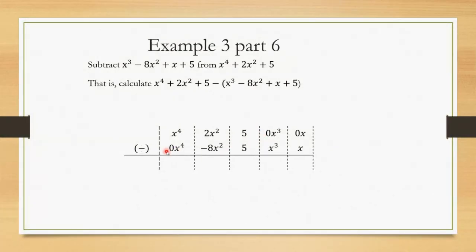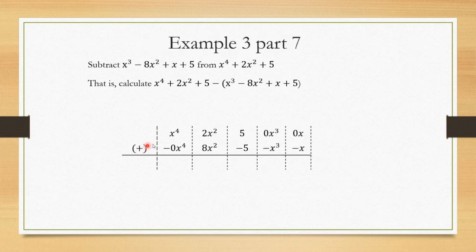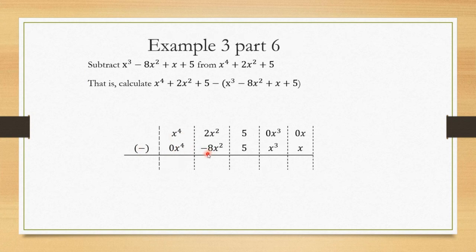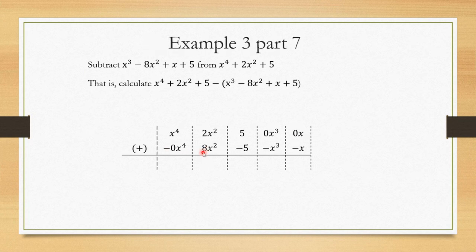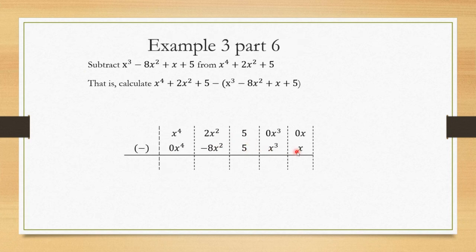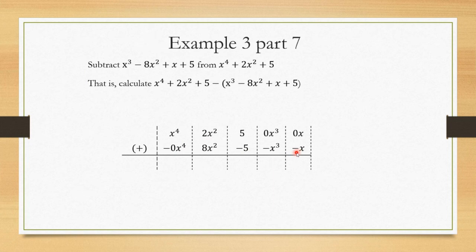Before combining, we have to convert this to addition and distribute the negative. So this will become addition, and this will get negated. We had a negative before, so now it becomes a positive, by the rules, two negatives is a positive. This was a positive, now it's negative. This was positive, and so is this one. Now they're both negated.